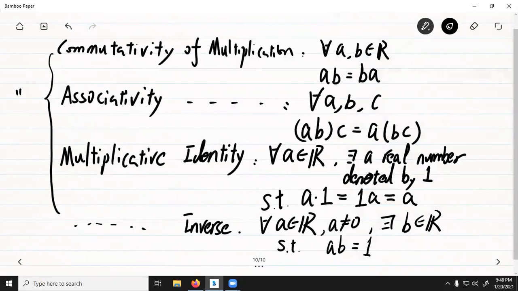So these are the 4 axioms about multiplication. The multiplication operation should satisfy these 4 axioms. We have 2 more.